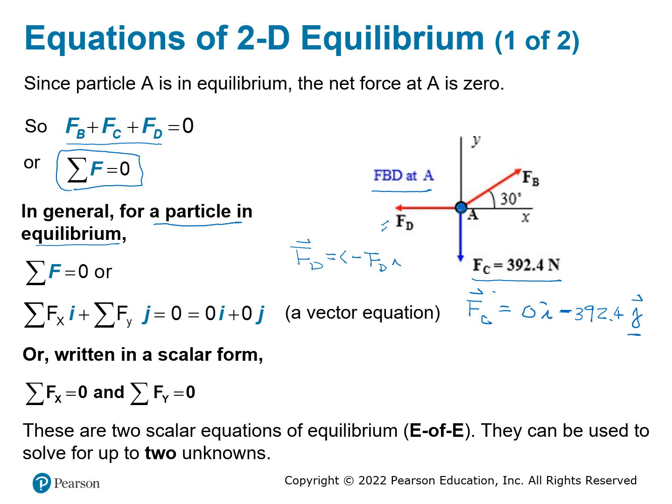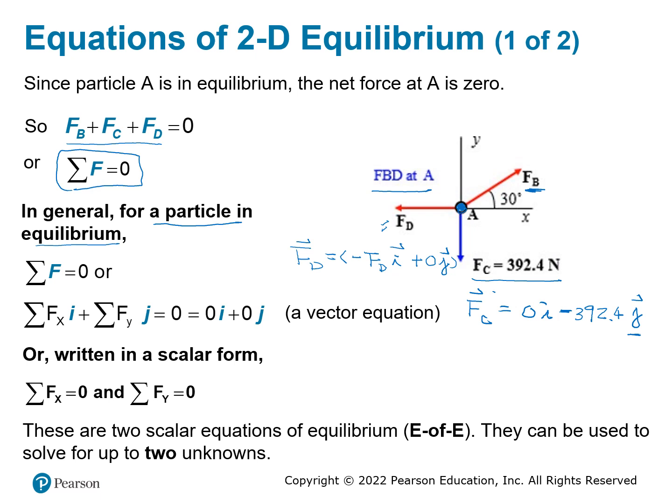That will be i plus 0 j, because there's no Y component here. Last thing we wanted to look at is this one here. So F of B. The F of B is not on the X, it's not on the Y. It has an angle, but we can decompose this into 2 different components.